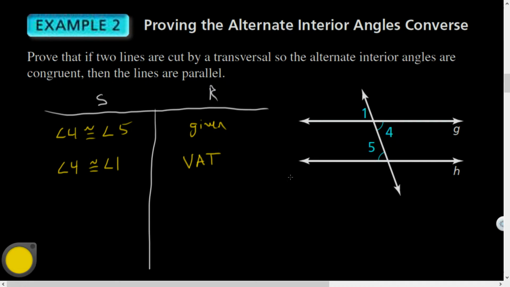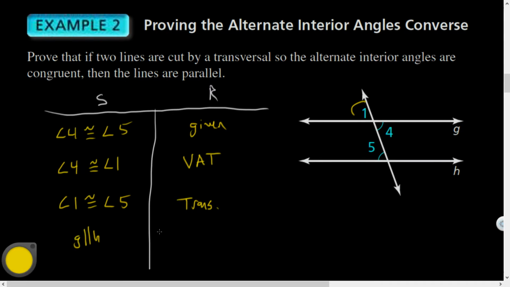Yes. Well, no, actually, this is where it gets a little weird. Angle 1 is congruent to angle 5 by transitive. All right. And this theorem is then the lines are parallel. So my conclusion is going to be G is parallel to H here.